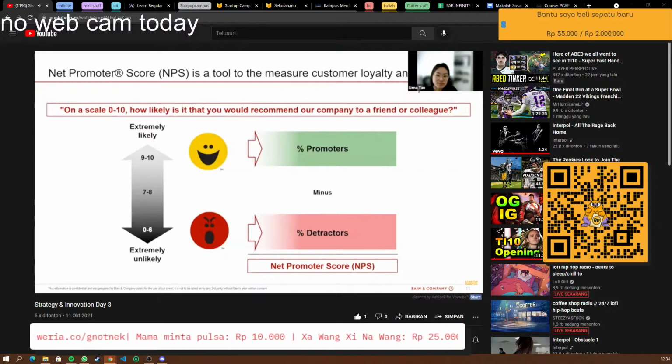Because even though sometimes the customers are many but detractors, there is always a risk that if there is a competitor, they will go away, right? My sense is mungkin untuk TikTok masih belum ada alternatif ya, TikTok banyak banget videonya and there is just no alternative. So even though sometimes you're not happy, you'll still stick with it.